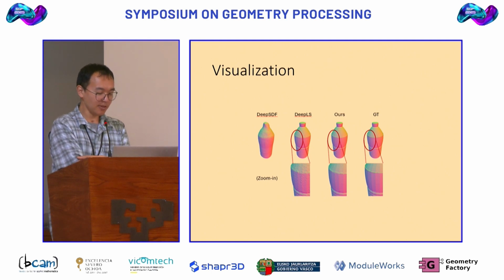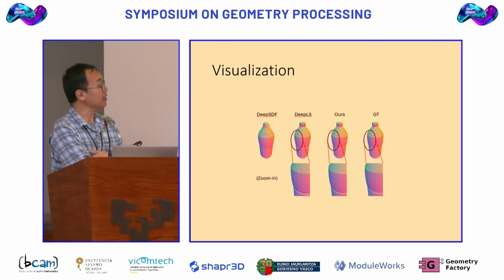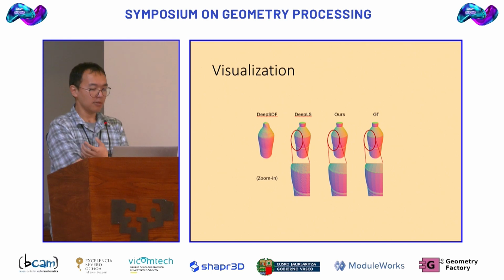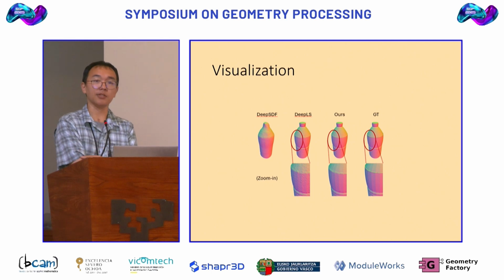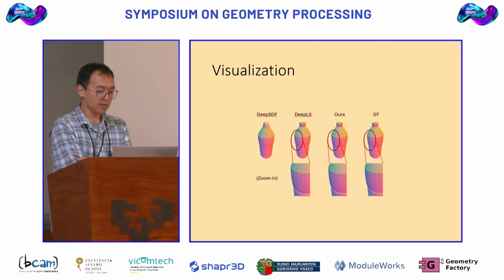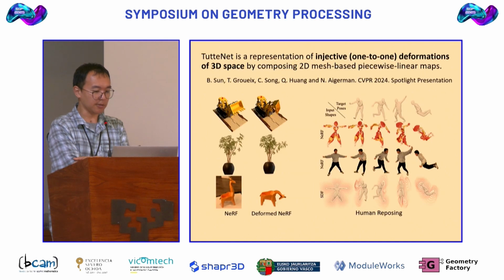Okay, so that is the first paper, and we are working on how to do 3D generation on top of this neural representation. That's still ongoing. All right, then let me talk about the second paper, which is about how to enforce a 3D mapping that is one-to-one.